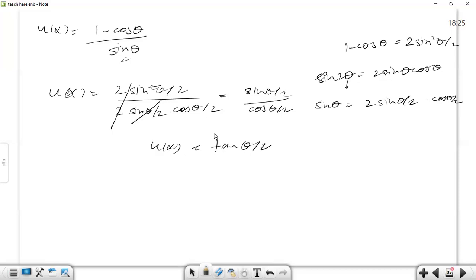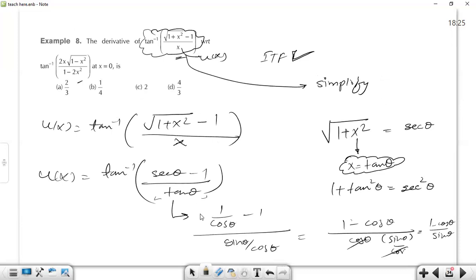We have simplified u of x. Sorry, it's not u of x. There was also tan inverse, which, for better purposes, we ignored writing here. Do you understand why we did that? Tan inverse was also there.